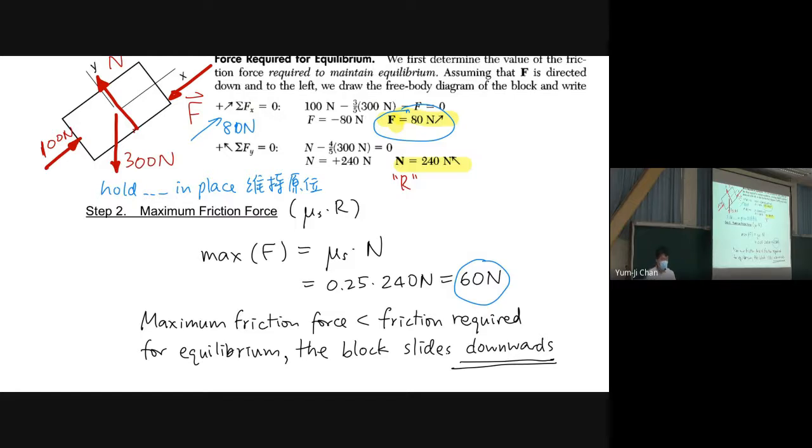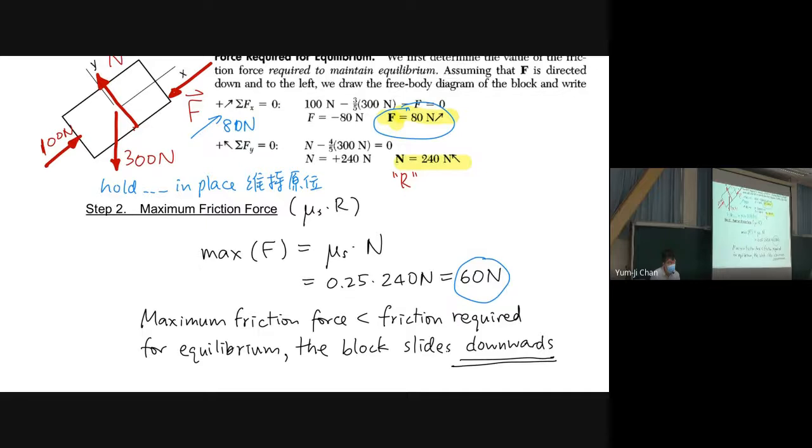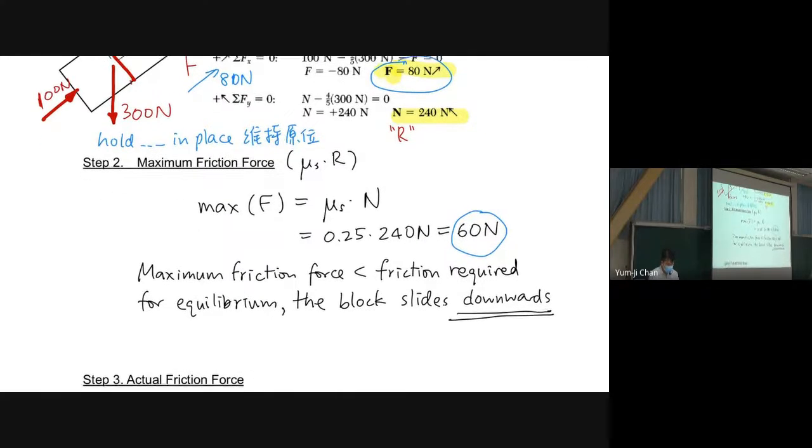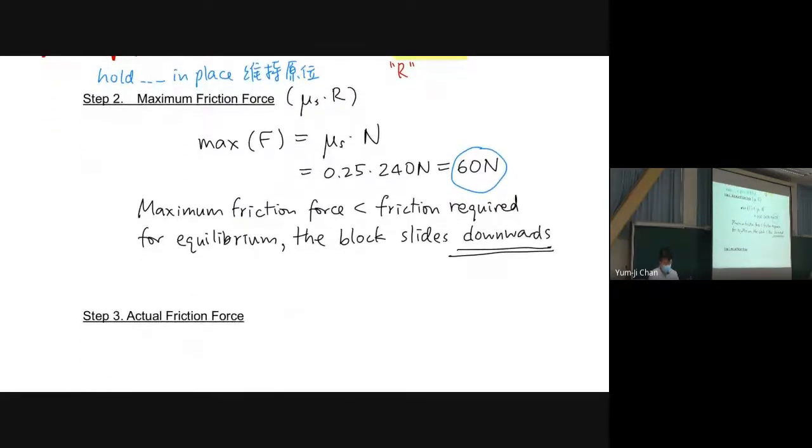Now, there is motion. When there is motion, the actual friction force will be equal to mu k times R, which is 0.2 times 240 newtons.